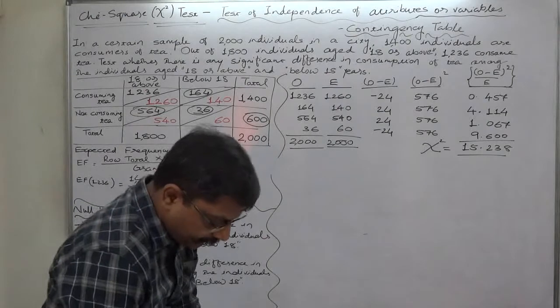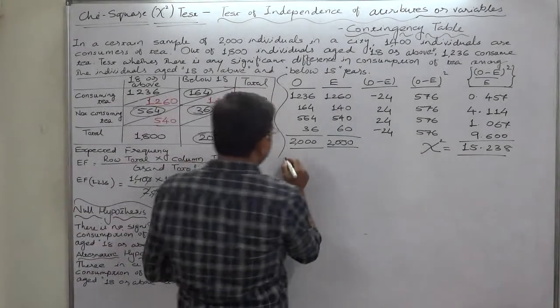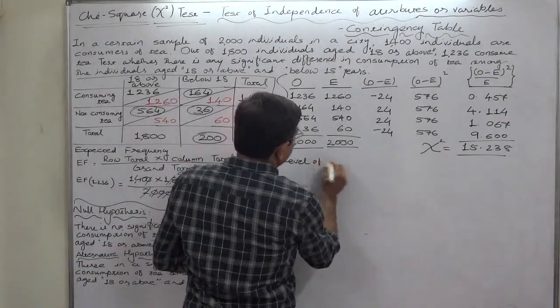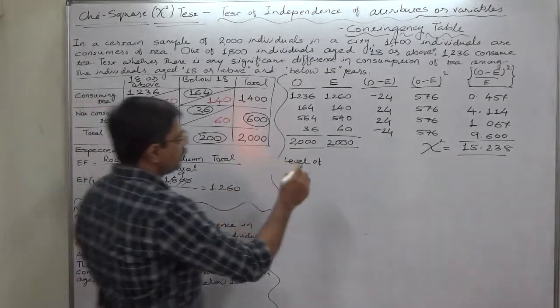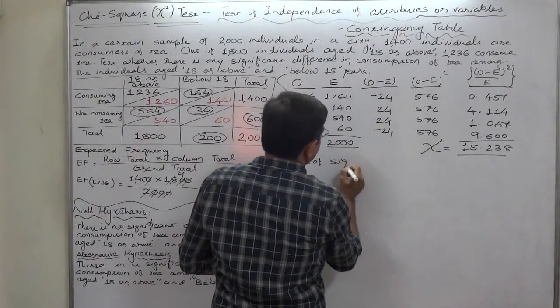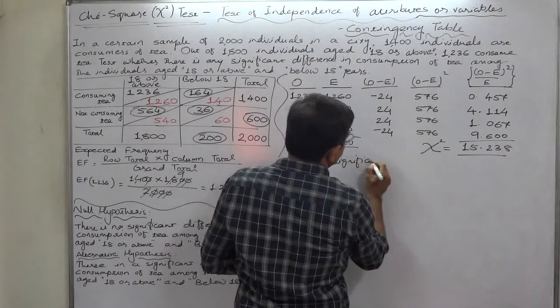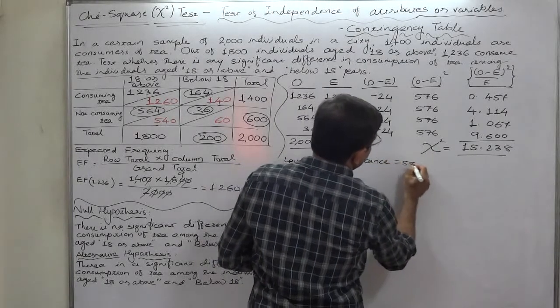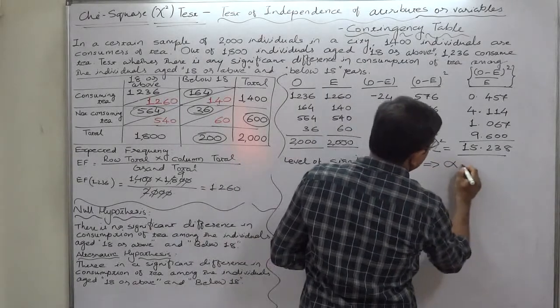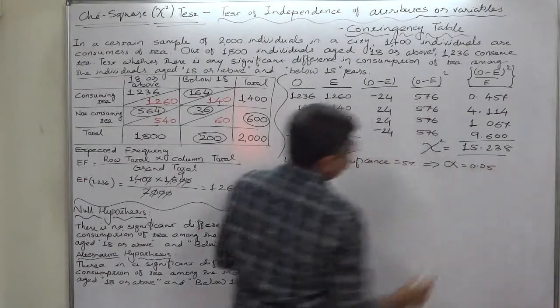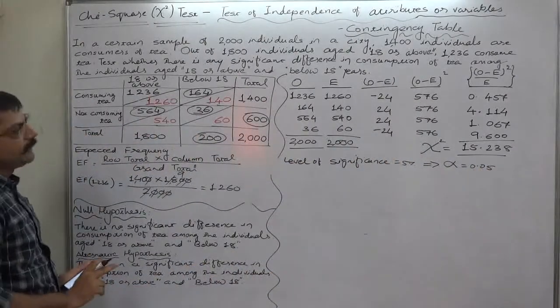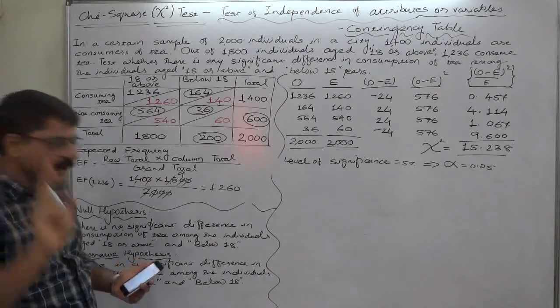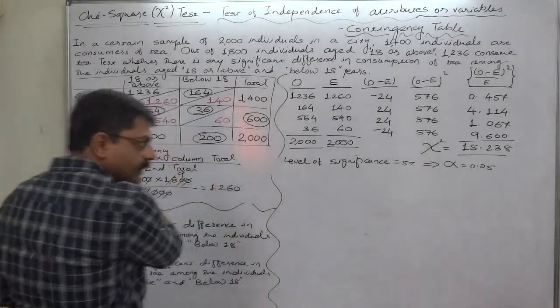Now, level of significance, I forgot to write it. It has been given as 5%. That means alpha is 0.05, and chi-square test of independence is always a one-tailed test, so no alpha by 2.